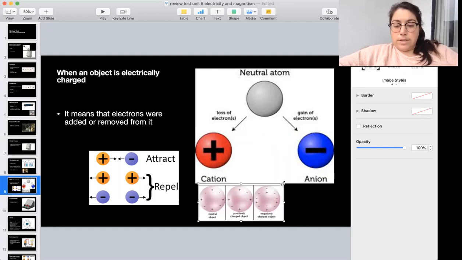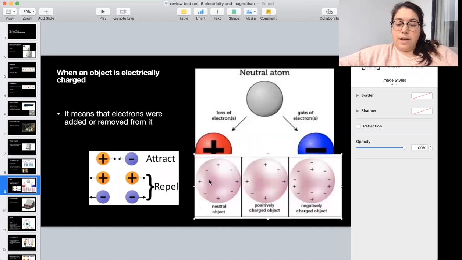And here I have another example over here. If you have a neutral object, it means that it has the same amount of positive and negative charges. If you have something that is positively charged, it means that it has fewer negative charges and more positive charges. And if something is negatively charged, it means that it has more negative charges than positive, okay?